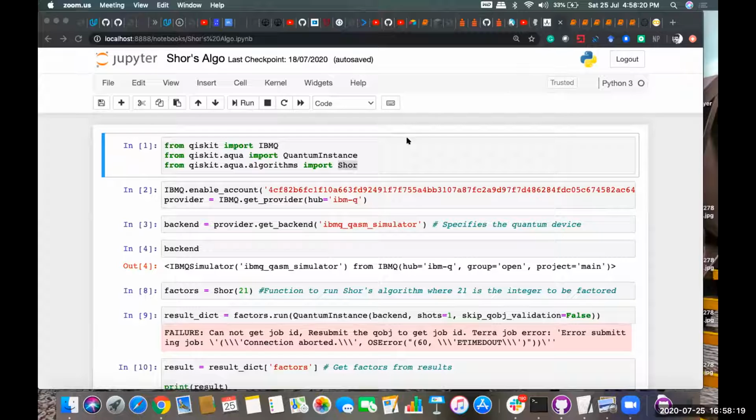So starting with Shor's algorithm, the problem statement behind it is very straightforward. Given a very large number, it's very difficult to find the factors of that number, because on a classical computer it becomes computationally very expensive, and because of which it's not possible.